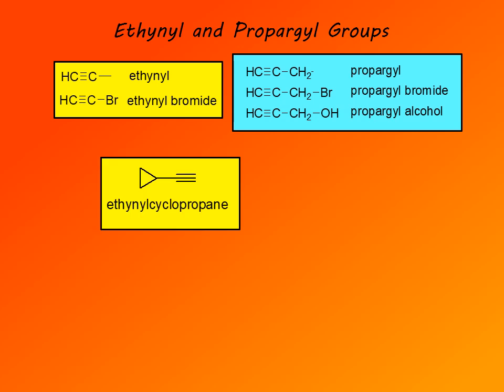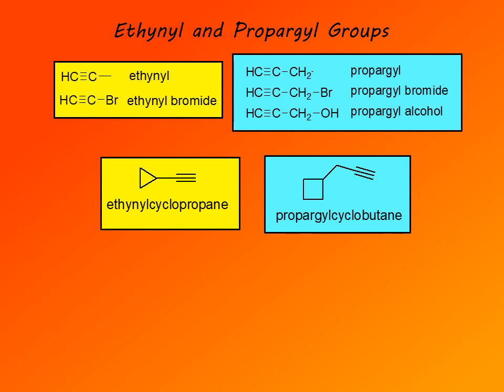And here is how we use them in nomenclature. For example, as a substituent, this is ethynylcyclopropane. And this would be propargylcyclobutane. Here is one more complex example, naming of a cycloalkene that has ethynyl and propargyl substituents.